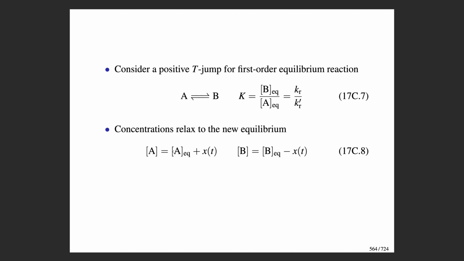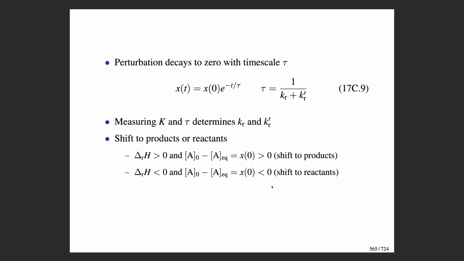So notice here it's the original equilibrium plus x(t), where x(t) is the relaxation function, and then for B it's the equilibrium concentration minus that. And here's the generic format for these types of perturbations. There's some maximum value of the perturbation, and then this is the decay function.